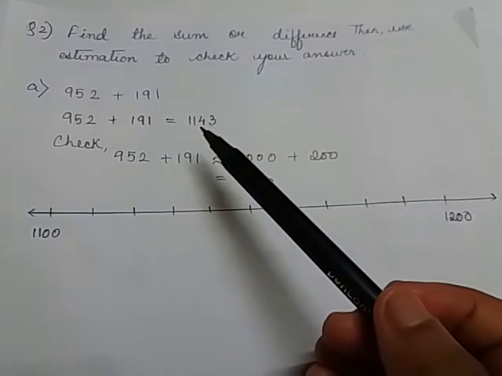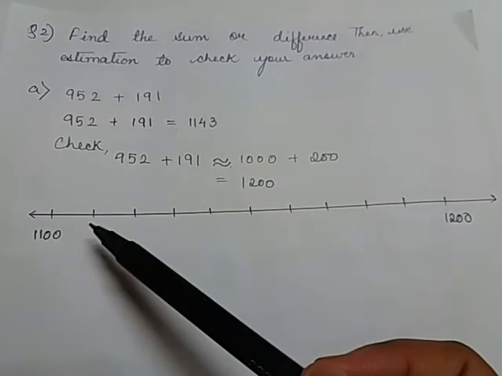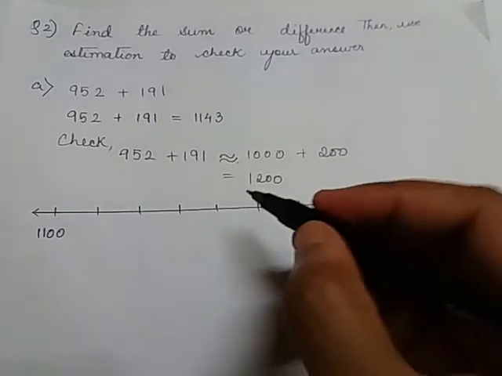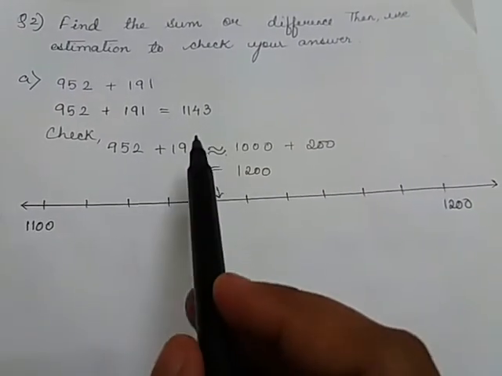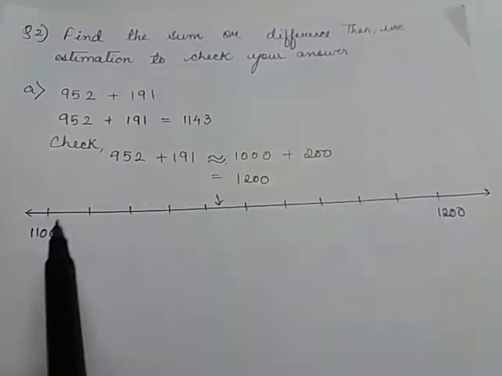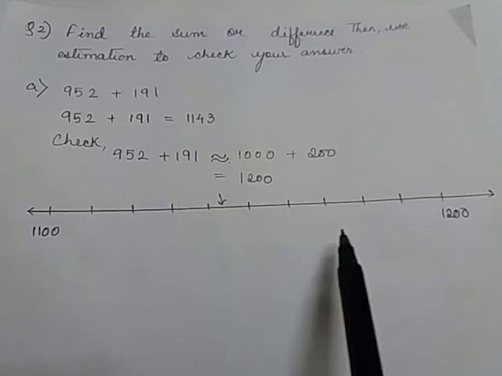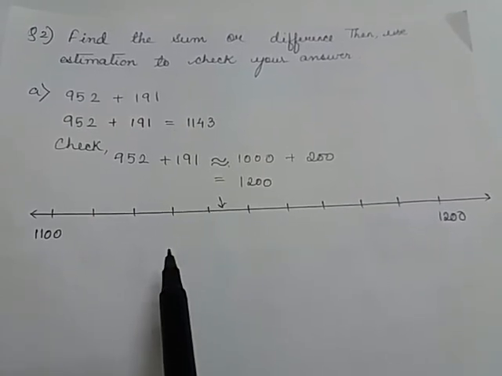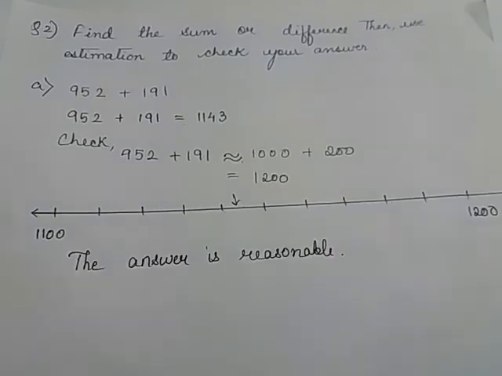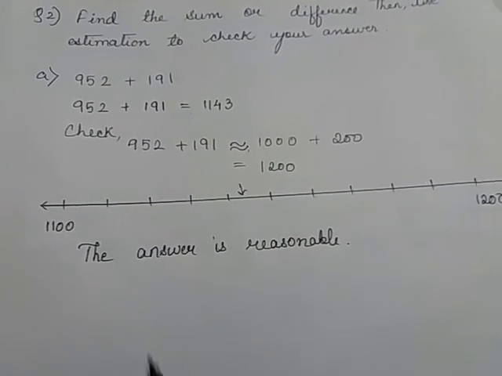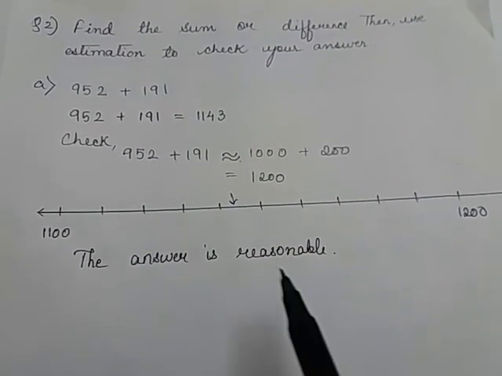So this is 1143, so it will fall somewhere here, and as our actual answer is in between the considered range, we will consider our answer as reasonable. Okay, and this is how we will be writing it. The answer is reasonable.